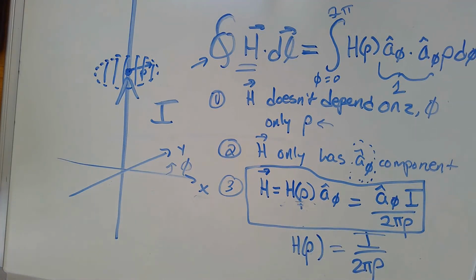This is a pretty basic example of how you can apply Ampere's law to find the magnetic field due to a current distribution that has a lot of symmetry.